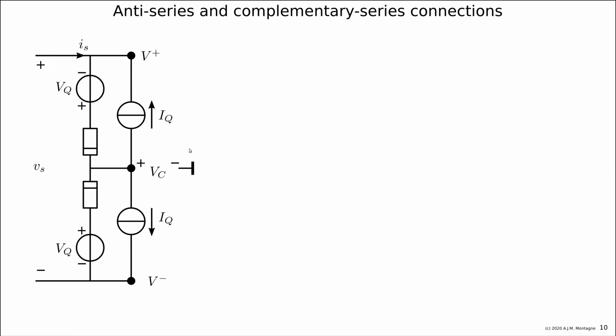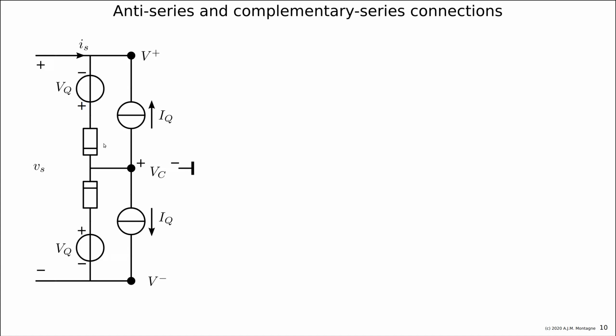And now, if you look between the plus and the minus terminal, you wouldn't see any result of VQ because one compensates exactly for the other. And you would also not notice this current IQ. So there will be current flowing through the devices, but you will not notice it externally. And also the bias voltages you will not see externally, as we have seen, of course, also with amplifier stages.